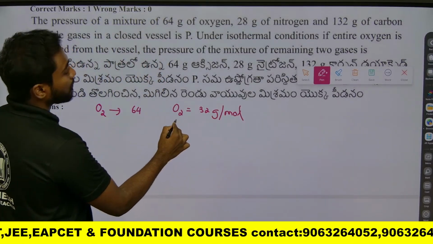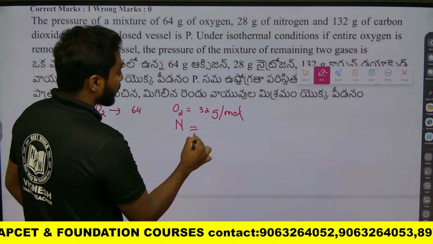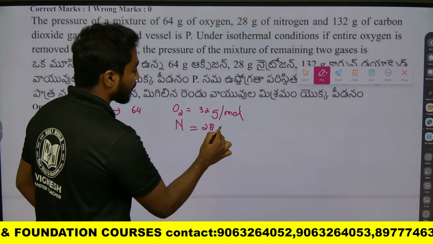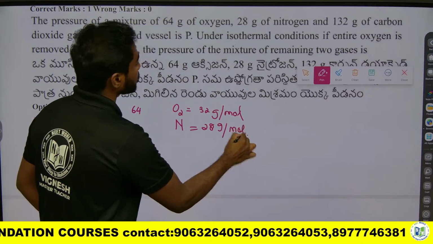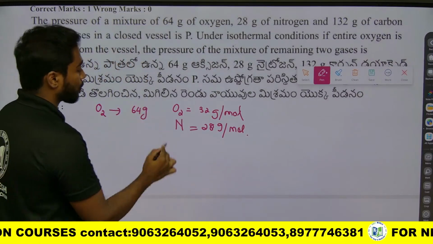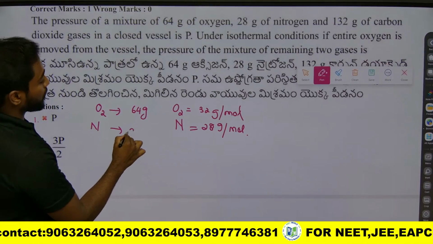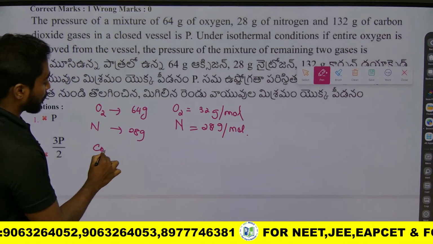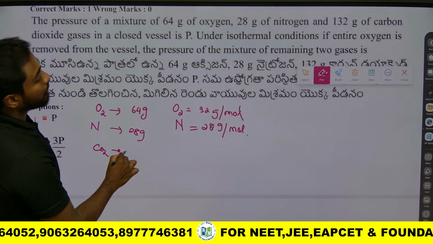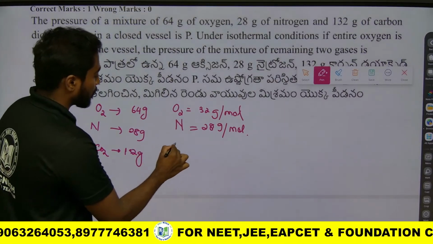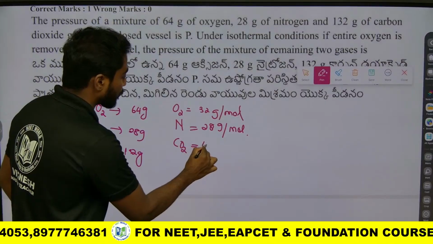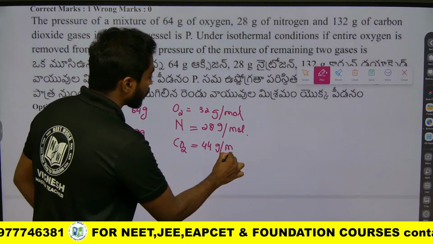Then for nitrogen, it is 28 gram per mole. The given terms I will write here. Oxygen 64 gram, nitrogen 28 gram, carbon dioxide 132 gram. So for CO2, it is 44 gram per mole.